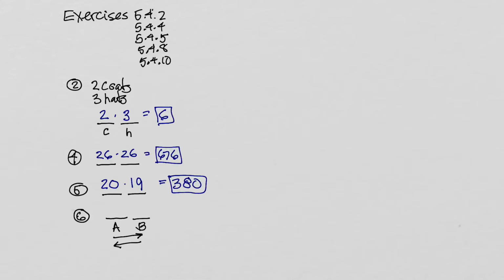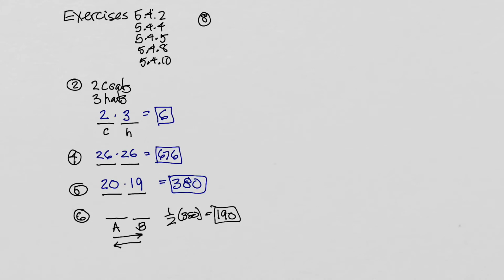That's going to cut this number in half, right? Because if this way is the same as this way, then this is just going to be 1/2 of 380, which is 190.